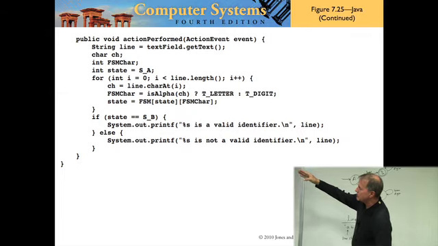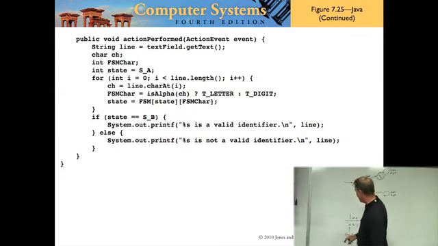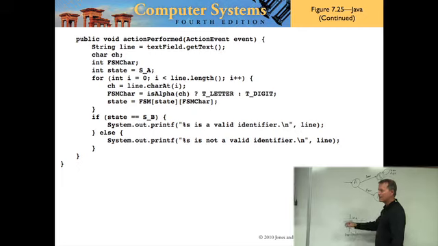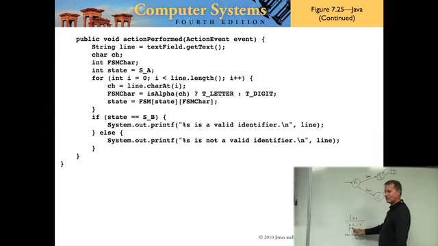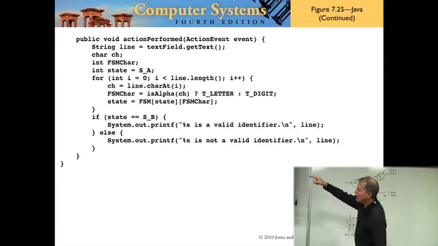So the first time through the loop, CH gets the letter A. Now look, FSM char gets what? That's the ternary operator. So is alpha CH? Remember we wrote that one? Would that be true or false? Sure, that would be true. So FSM char would get what? T letter.